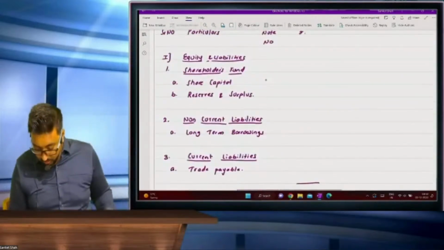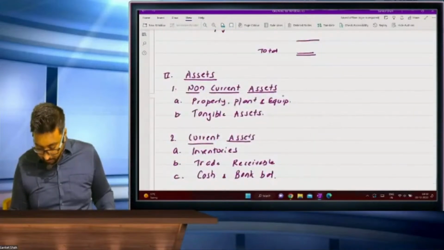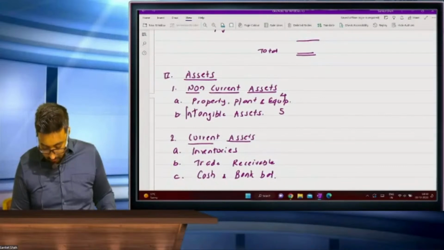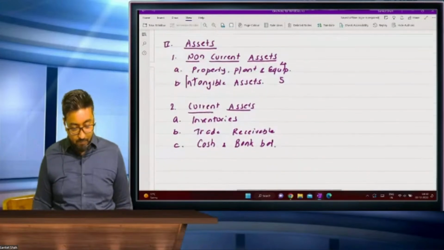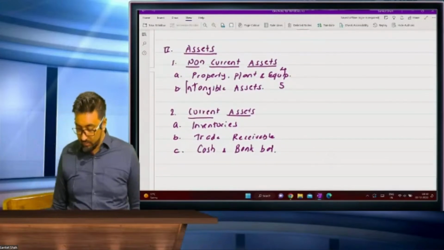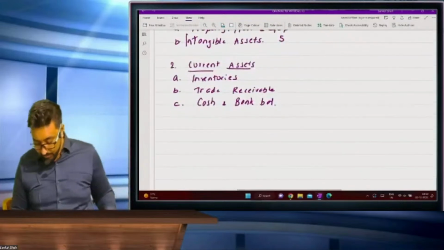Write down notes 1, 2, 3, 4, tangible assets, sorry, intangible assets, 5, and then total.